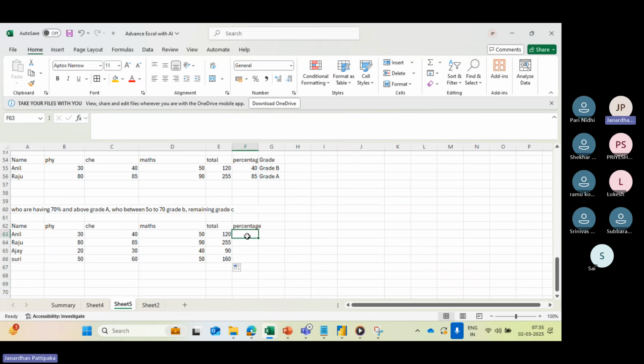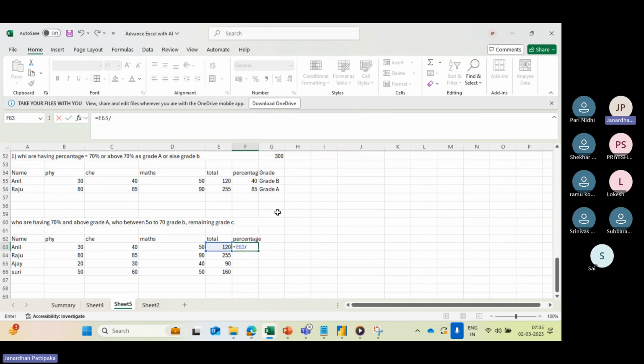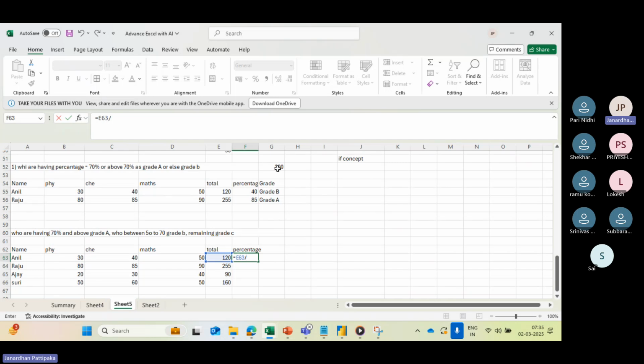This percentage also, how you can get the percentage is equal to total marks divided by the marks we are getting, out of this 300, into 100, 40%. Okay.